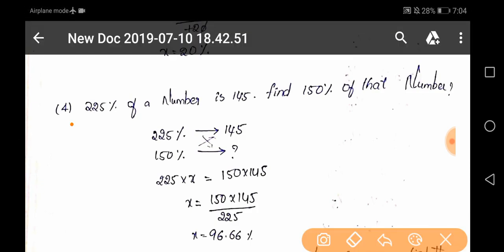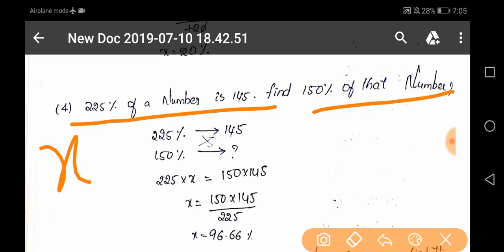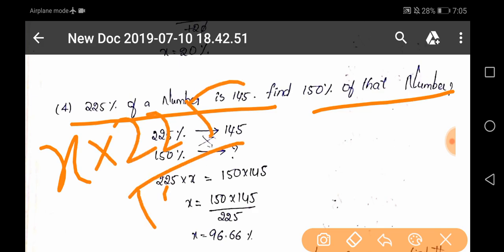225% of a number is 145. Find 150% of that number. So the same number, see, some number is there. Let's think of it as an x. So of that number, 225% is 145, it seems.